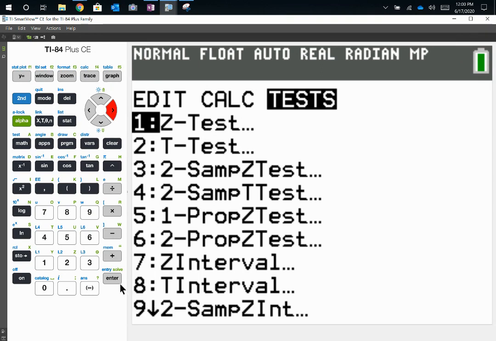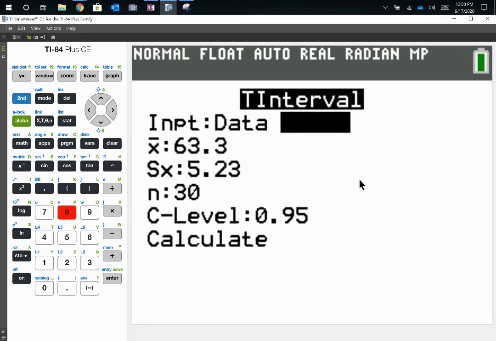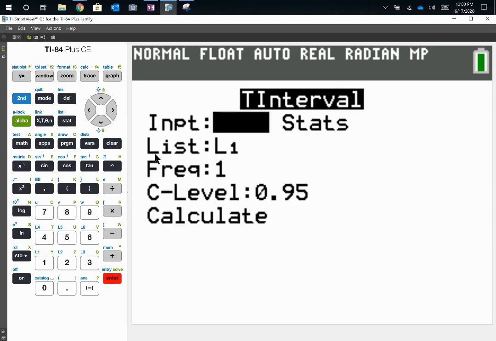Select number 8, T-Test. And this time we're inputting data, not stats. Enter. And it's going to take the data from list 1. So keep going down. Leave frequency as 1. Make sure your confidence level says 0.95 and calculate.